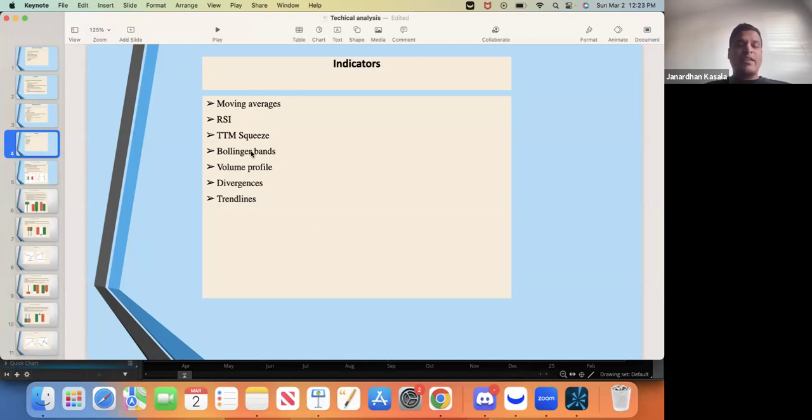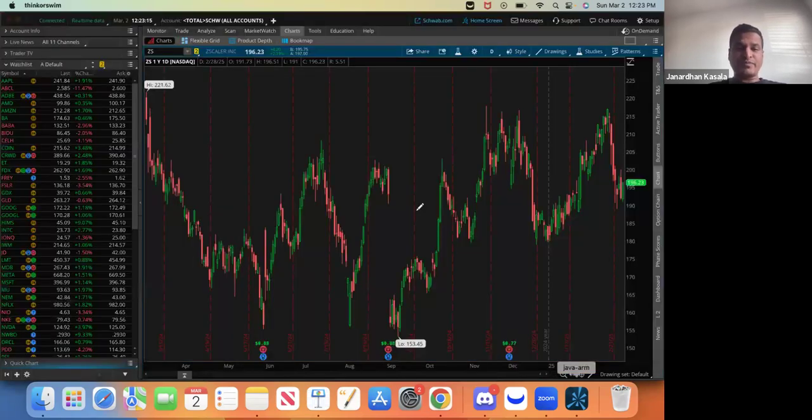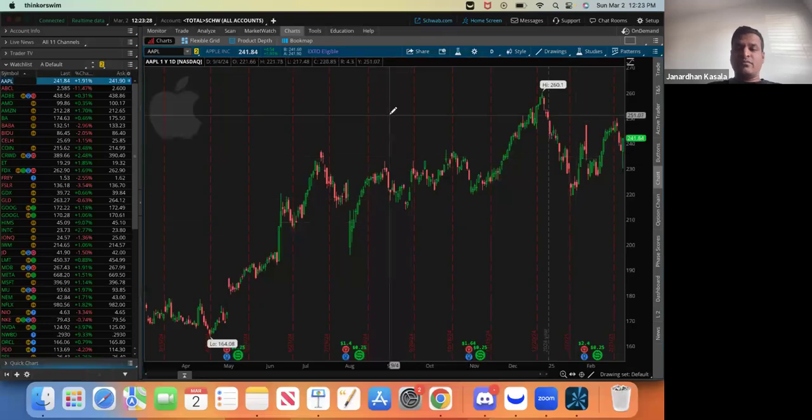and all. But for anything, candlesticks are the starting point. You need to understand that. Most of the time this is how my chart looks.